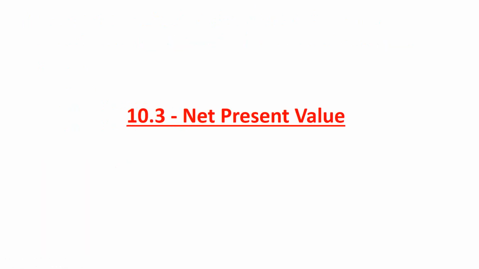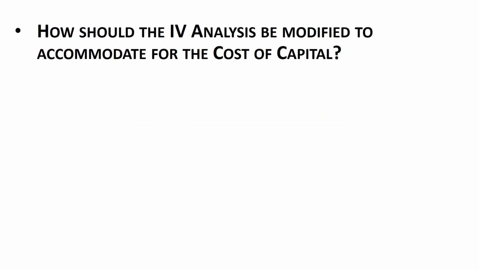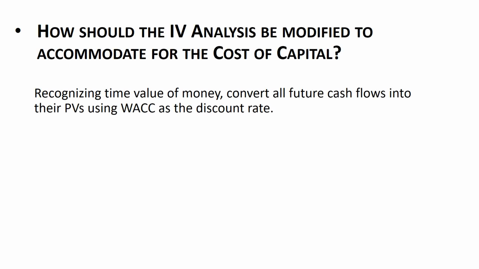Okay. Now let's go to net present value, the NPV. How should the incremental value analysis, which ignored time value of money, be modified to accommodate the cost of capital and time value of money? Recognizing time value of money, you shouldn't look at cash flows just with a nominal amount.